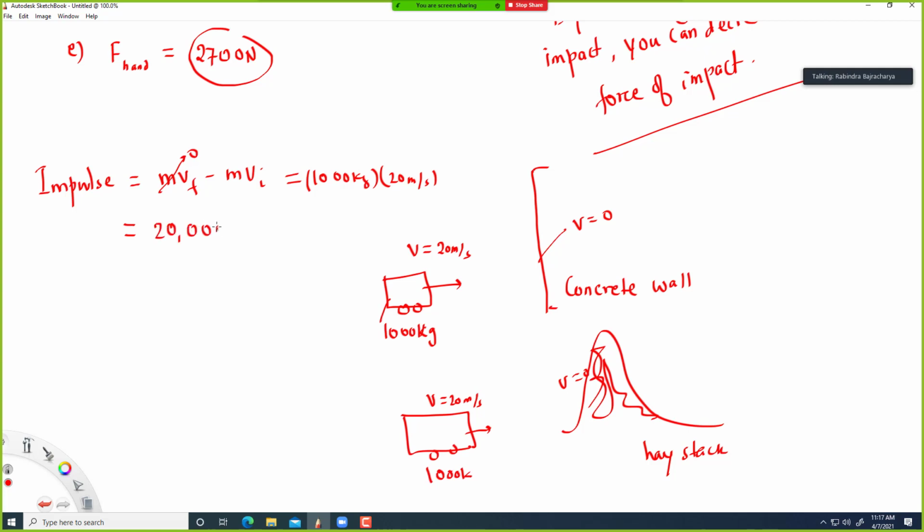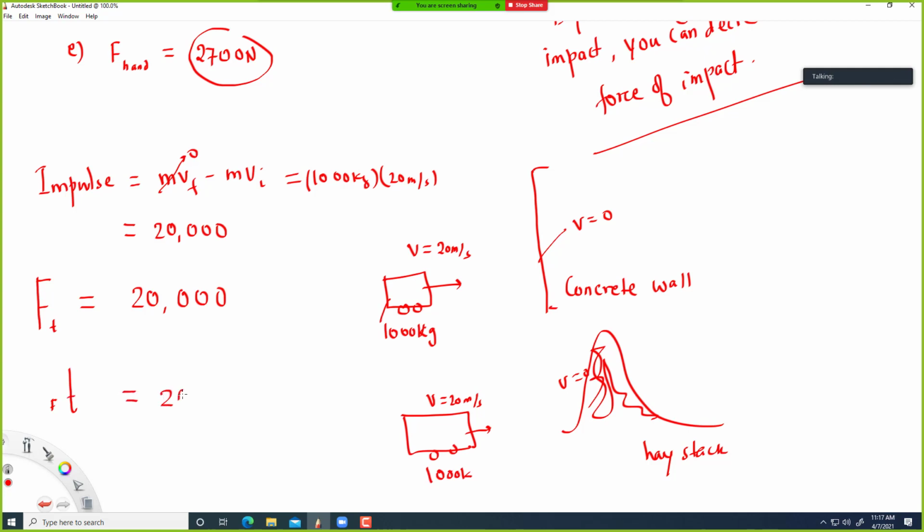I don't need to write the unit, so I need 20,000 something to stop the car. There are two ways to impart that impulse. One is by applying larger force over a shorter time. Or I can stop it by imparting smaller force for a longer time.